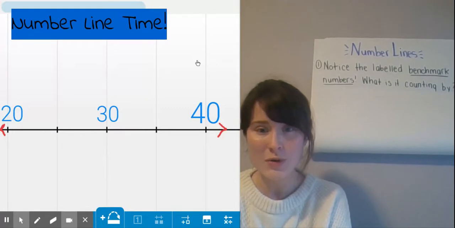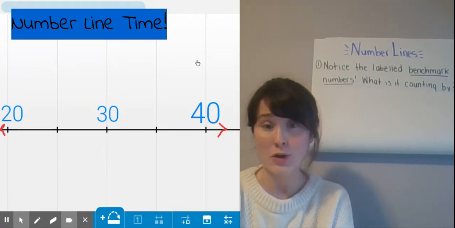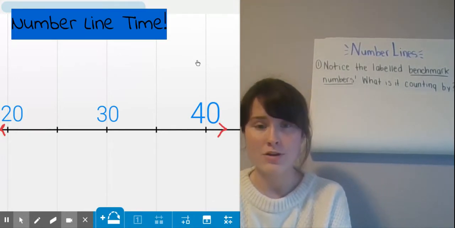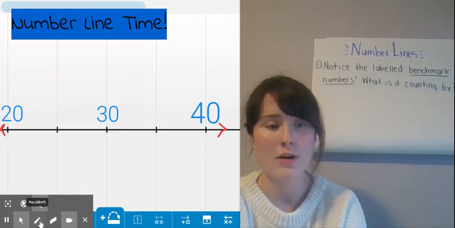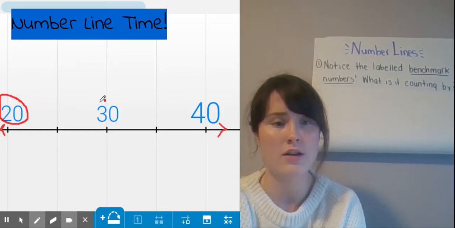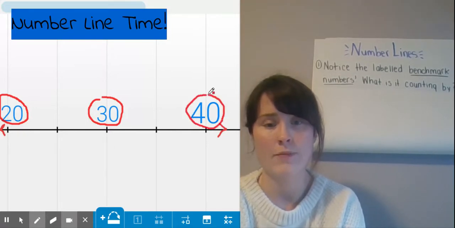So the first thing we do when we have a number line and we need to label a new number on it is we need to notice the labeled benchmark numbers. So I'm going to go ahead and circle those benchmark numbers I see. I see 20, 30, and 40.